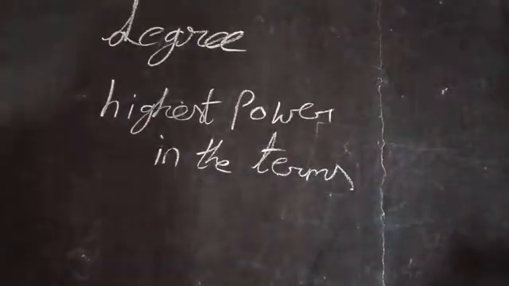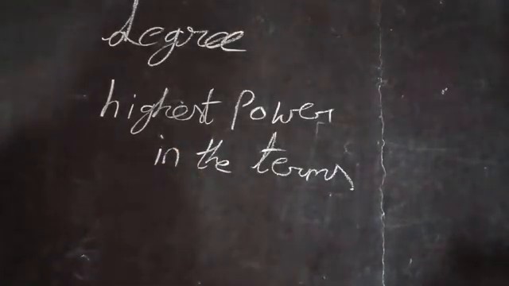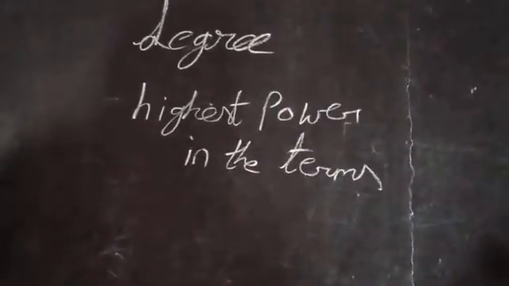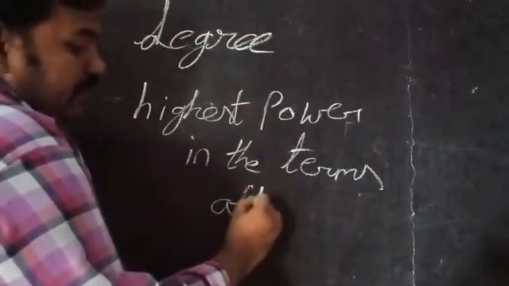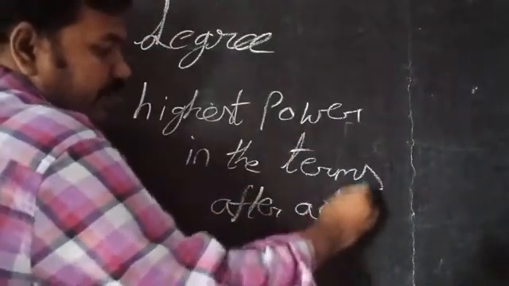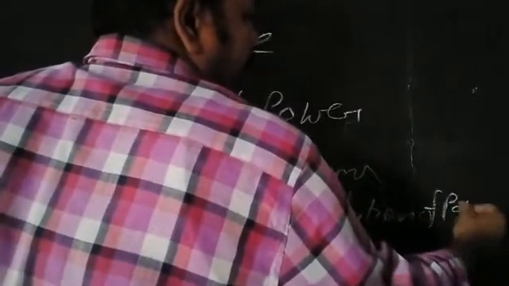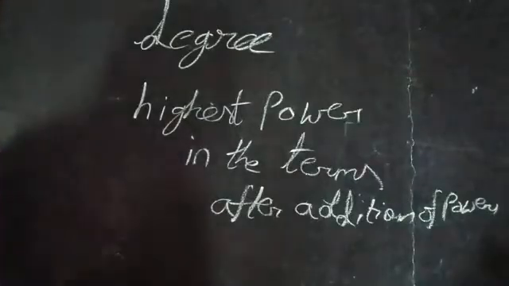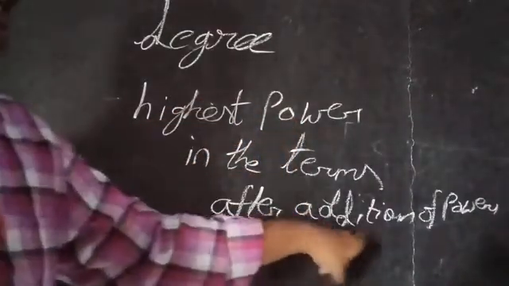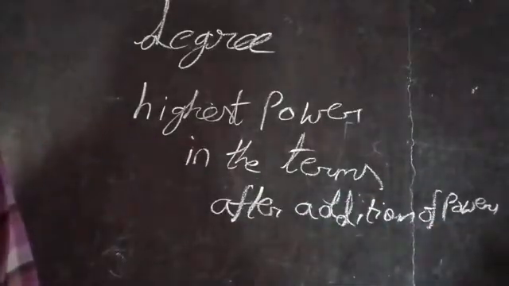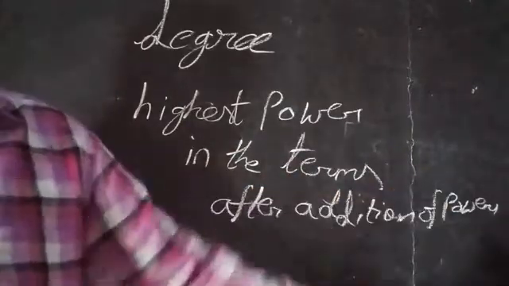If two or more alphabets are there, we add the powers first. So degree means the highest power in the terms after addition of powers.